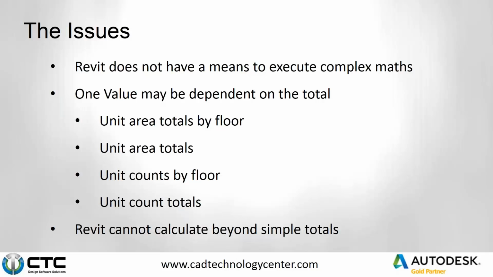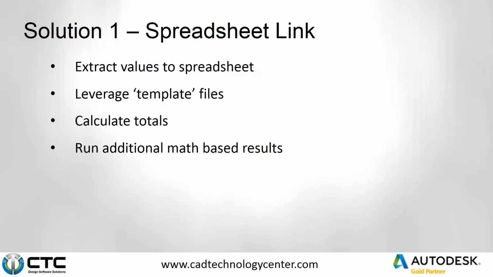So let's talk about the two tools we're going to be bringing in today and how you can create more powerful schedules using outside tools. Step one, we're going to leverage Spreadsheet Link. We're going to extract values that we care about to a spreadsheet. We're going to leverage a template file, and I'm going to put that in quotes there, because I have pre-created a layout that I want to use. I'm also going to be taking that template to calculate out some totals based on the values that I extract from Revit out to the spreadsheet.